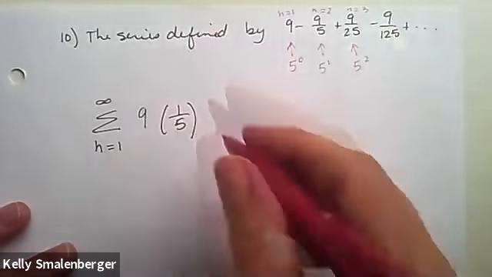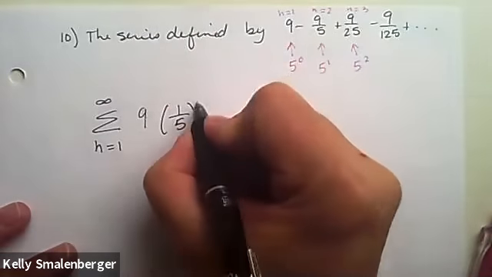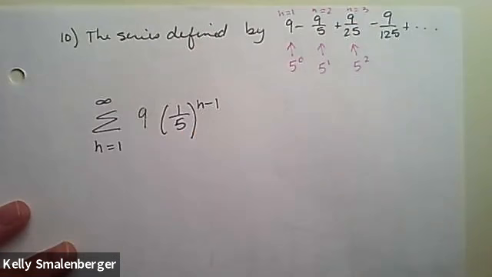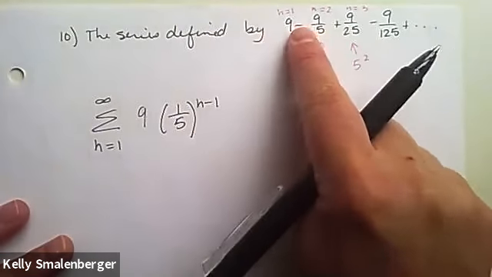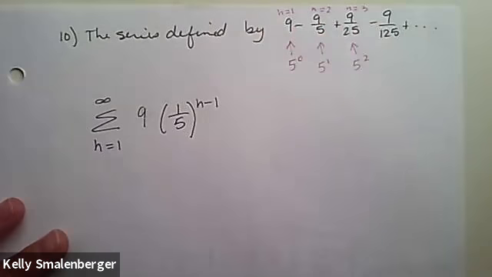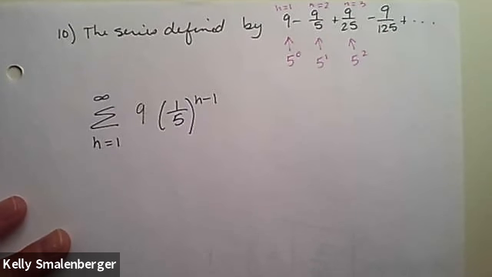So this should be 1 over 5 to the n minus 1. I forgot a little something though: positive, negative, positive, negative. So how do I take that into account? You have to multiply that by -1 raised to the n plus 1.